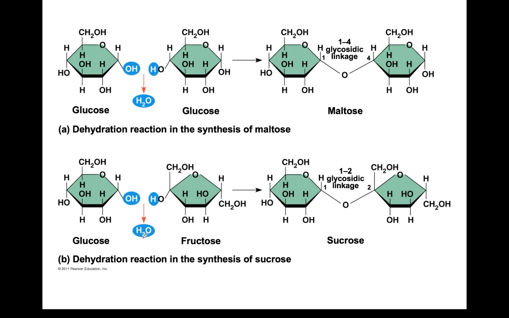Also a water molecule is removed and a sucrose molecule is formed. This sucrose molecule is table sugar. So in a chemical reaction, when molecules bind together, dehydration takes place.